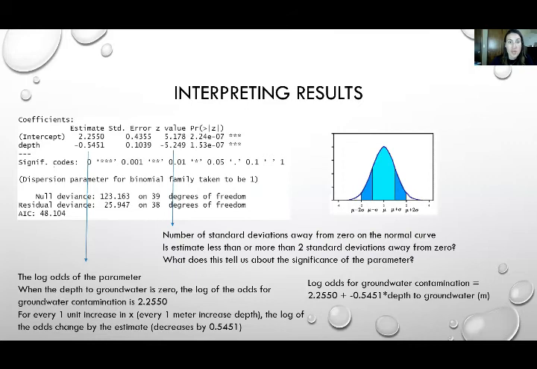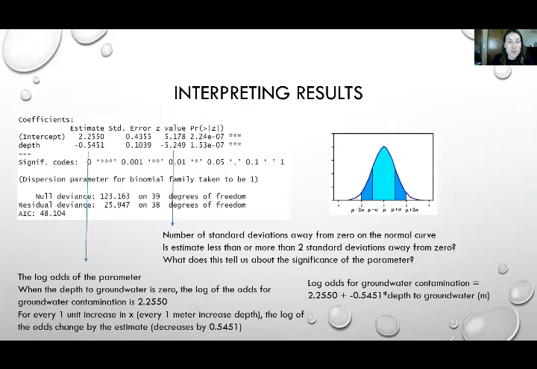Okay, then one other thing I want to point out here is it provides these Z values. We really haven't talked about this before, but it's pretty cool. It gives the number of standard deviations away from zero on the normal curve. If you recall, 95% of data on a normal curve would fall within 2 standard deviations. So is this estimate less than or more than 2 standard deviations away from our mean?